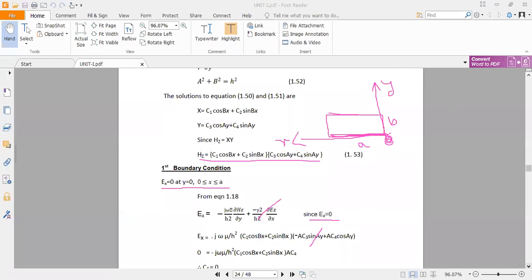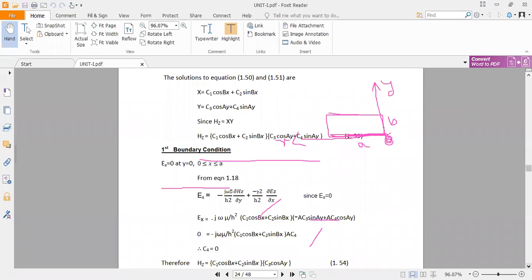From this, which term becomes 0? C4 becomes 0. So when C4 is equal to 0, we have to substitute that C4 in the expression. Your Hz expression doesn't change. According to the first boundary condition, C4 is equal to 0.